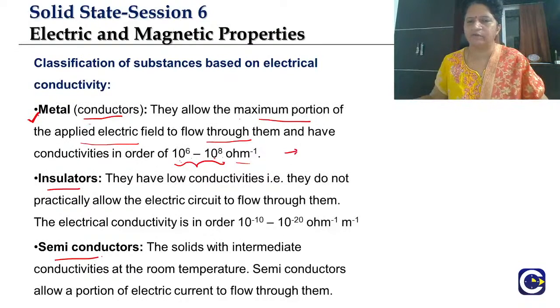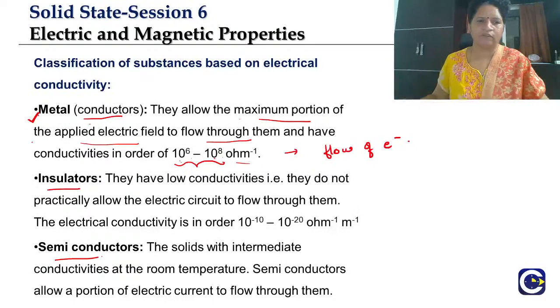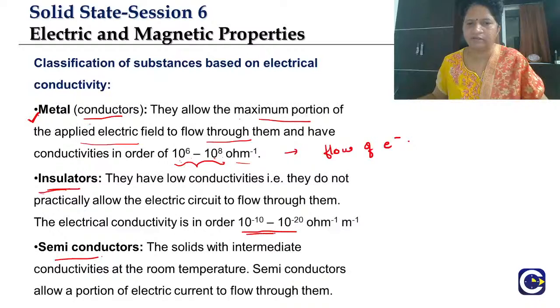They conduct due to flow of electrons. Insulators are the substances which will resist the flow of electrons or which will not allow the electricity to pass through them. We call them insulators. For insulators, the electrical conductivity is very, very less, 10 power minus 10 to 10 power minus 20 ohm inverse meter inverse.